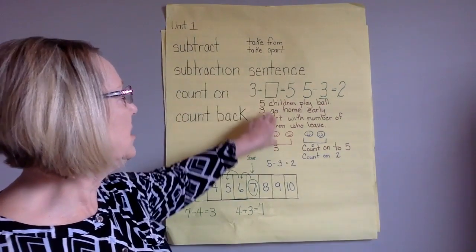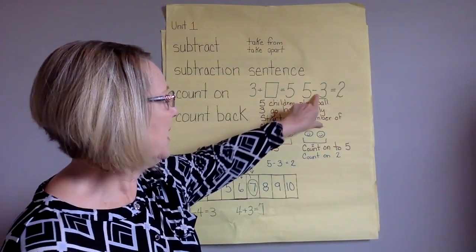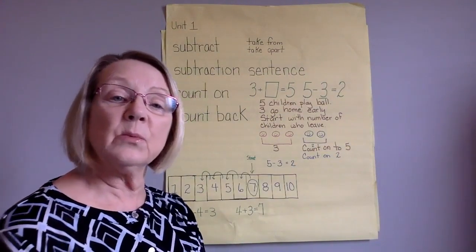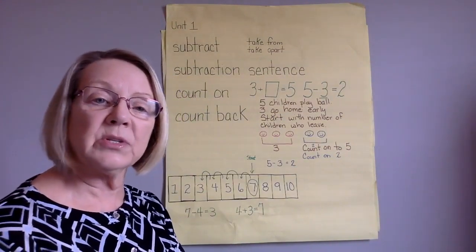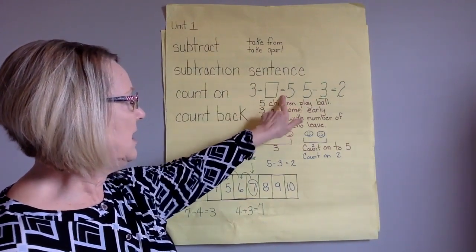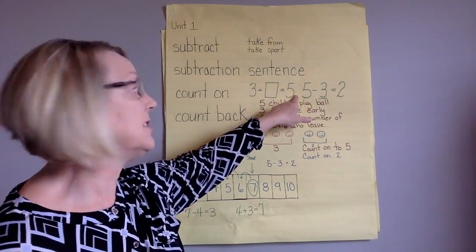And of course we know that our symbols are the plus sign, the minus sign, and the equal sign. We know that when we've been talking about number sentences, what is on one side of the equal sign has to equal the same thing on the other side.